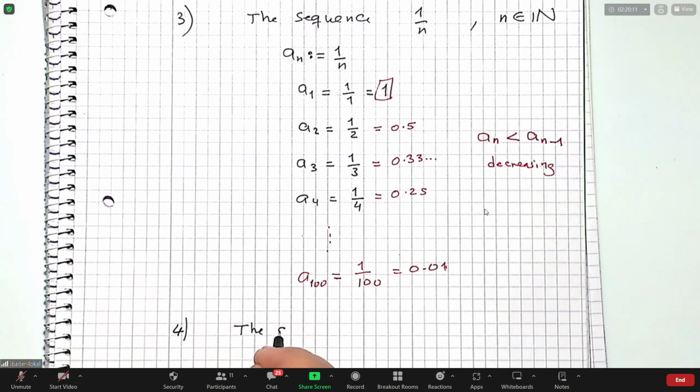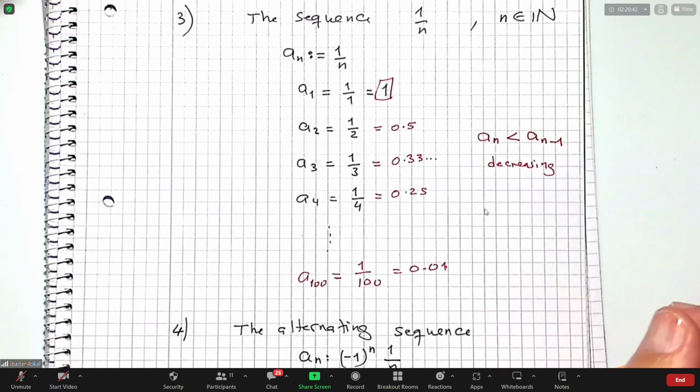The alternating means it's changing between positive and negative. So in general, let's take this one defined as -1 to the power n times 1 over n. So it's just the alternating version of the previous sequence.